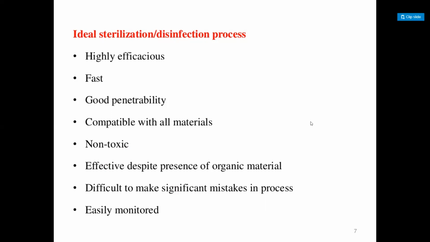It should be non-toxic, that means it should not be toxic to human beings. Then effective despite the presence of organic materials, and difficult to make significant mistakes in the process. That means you need to monitor the process, and also understand what is going on. So all these factors are important for considering the ideality or the importance of a particular sterilization process.